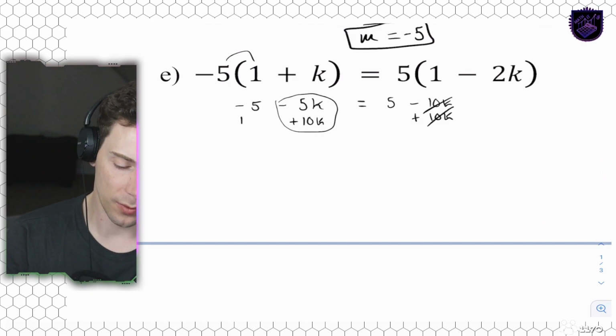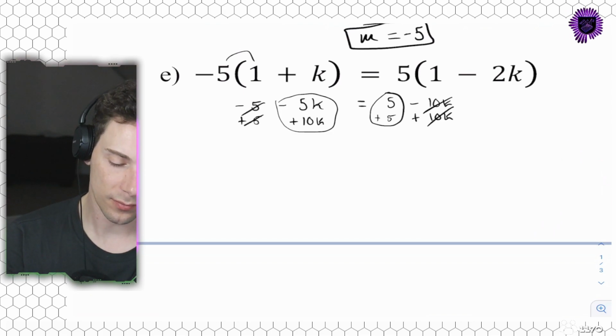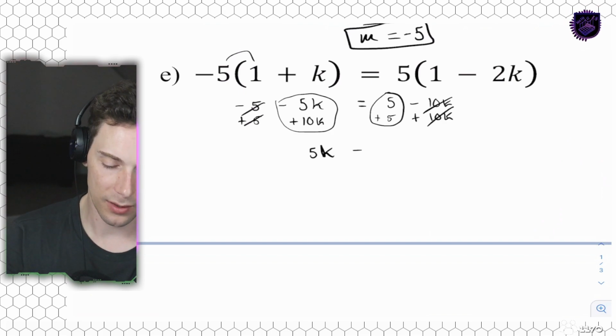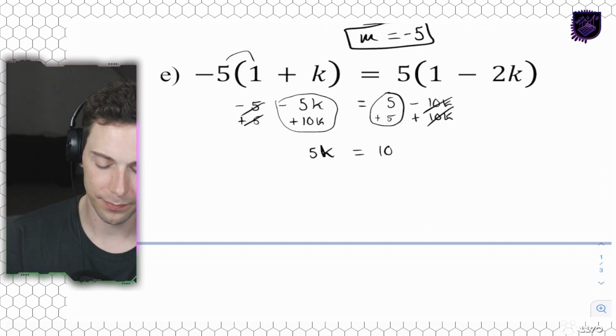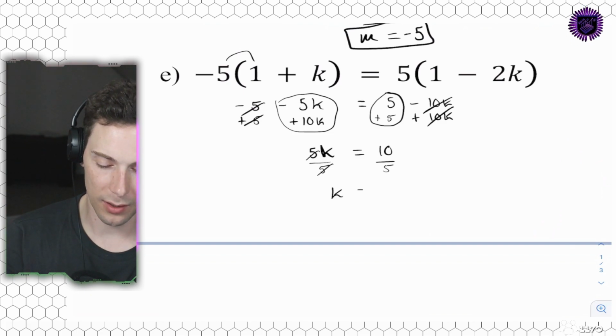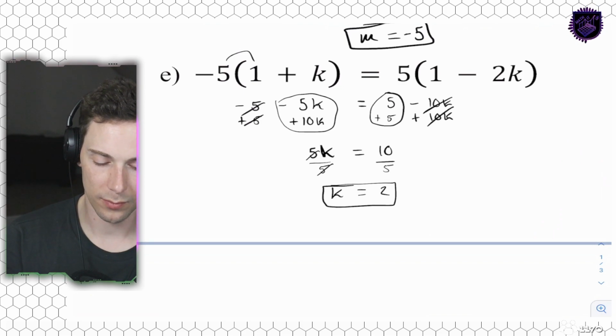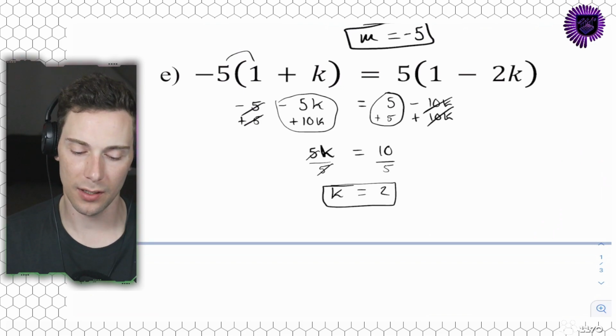I want to add 5 here and add 5 here, and that's going to stay and this is going to cancel. So we have 5k is equal to 10, and then we can divide by 5, and that will be k is equal to 2.